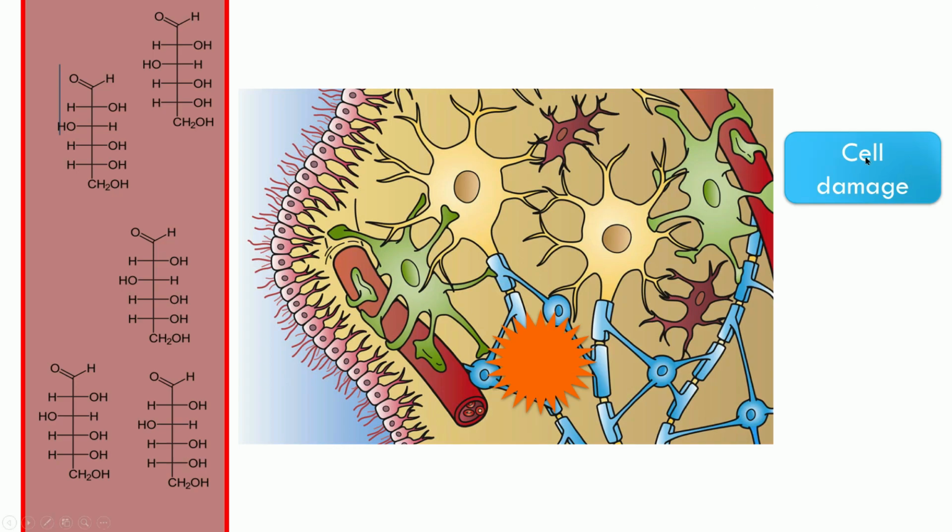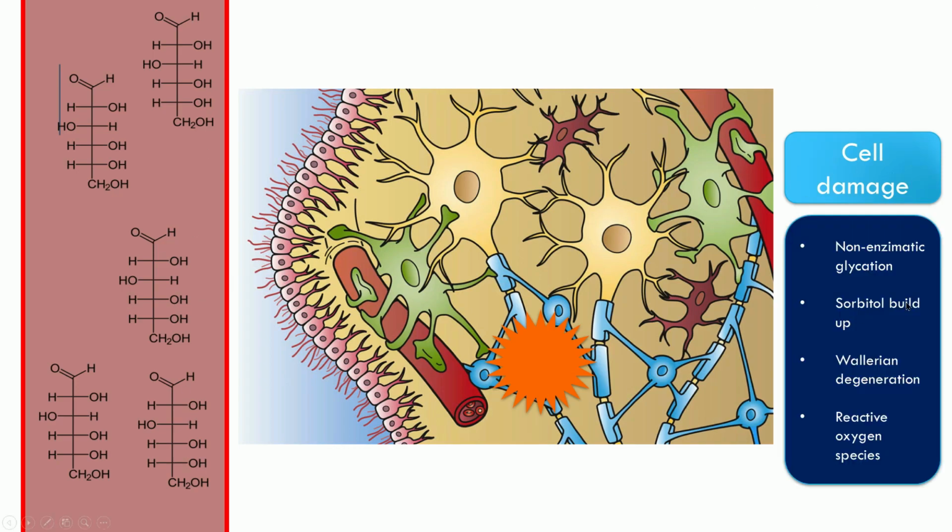This cell damage, besides this direct toxicity caused by glucose, is going to have several mechanisms of damage. First, the one I was explaining, non-enzymatic glycation of proteins. So glucose binds to those proteins and destroys them, basically, and then it destroys the whole nerve cell.